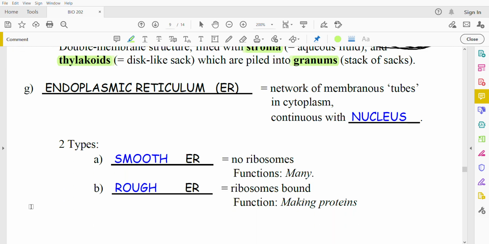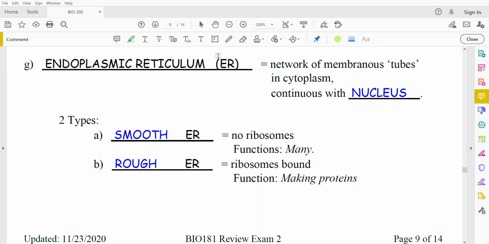Next structure that we're going to talk about is going to be our endoplasmic reticulum. That's quite a mouthful, I think, and really, to be honest, we don't often write it out. In my field, we just abbreviate it as ER. So this is this network of continuous membrane tubes and loops, and they often are connected with the nucleus's nuclear envelope as well.